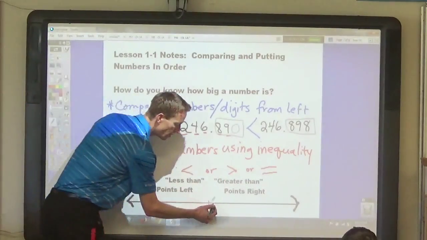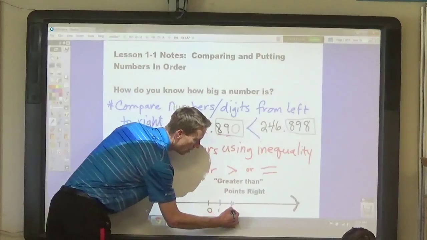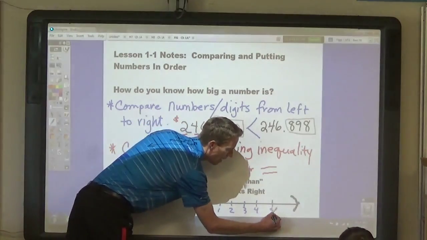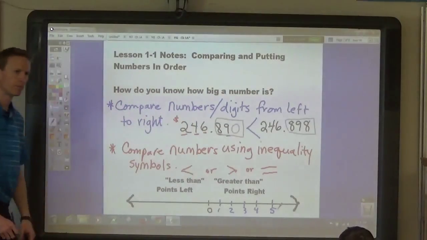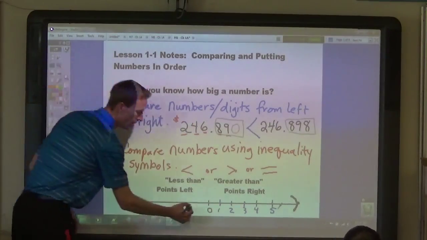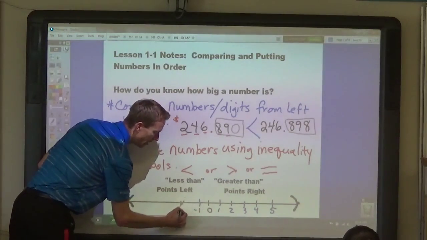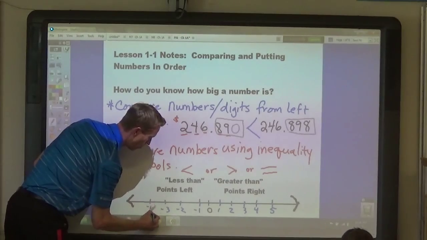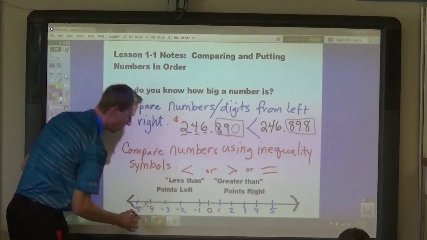So look, it starts at 0 and then 1, 2, 3, 4, 5, and so on. Right? And the numbers to the left of 0 are -1, -2, -3, -4, -5, and so on.